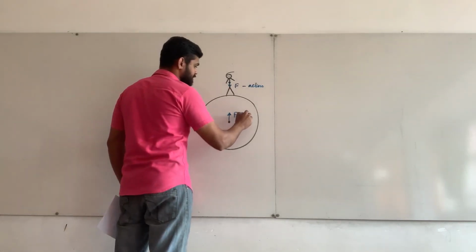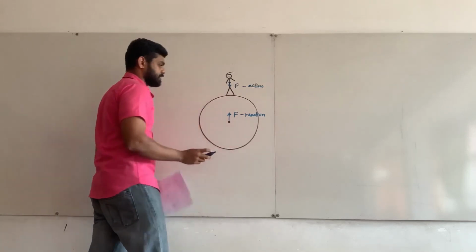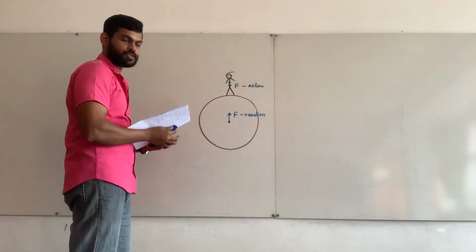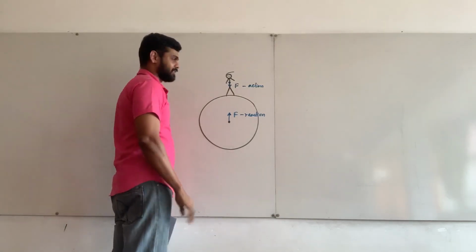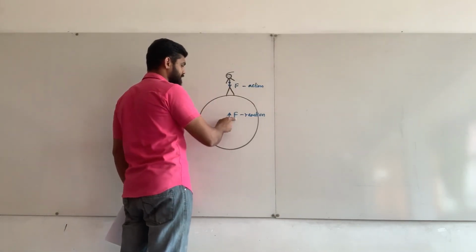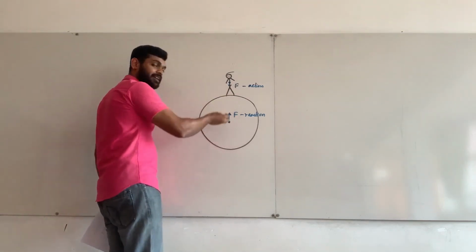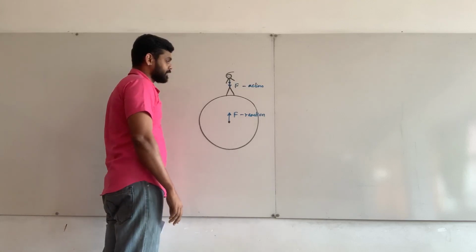So this is the reaction. Most students think the normal force is the reaction. That is not the reaction. So for this situation, the reaction is the child pulling the Earth upward. That is the reaction force.